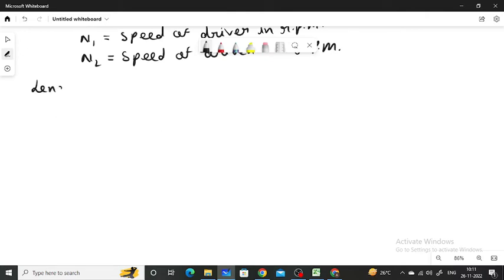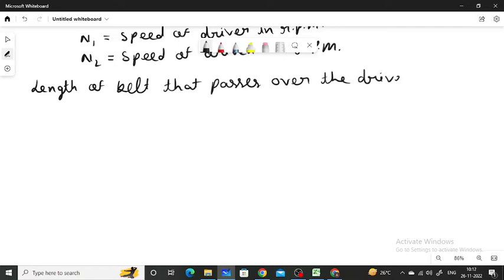Now length of the belt that passes over the driver in 1 minute equals to the pi d1 n1.